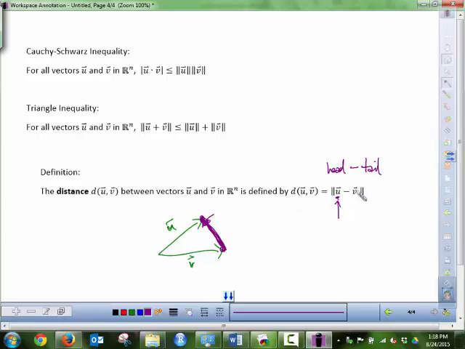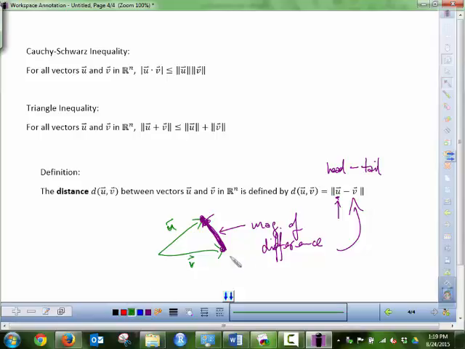All right. So the distance between the heads of two vectors is really just the subtraction vector, and find the magnitude of this difference vector. So find the difference and then take the magnitude, then that's really what you have.